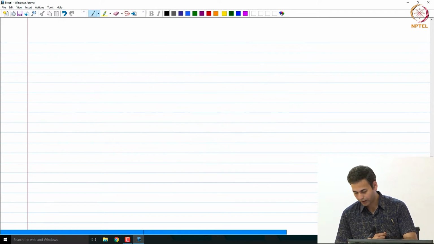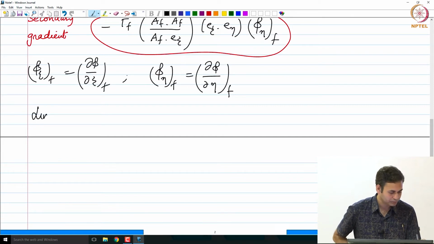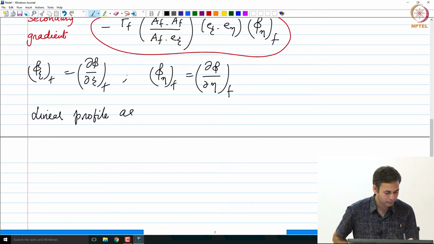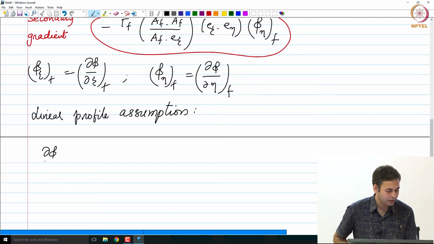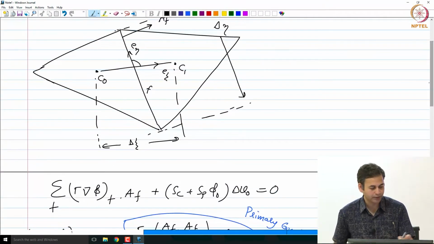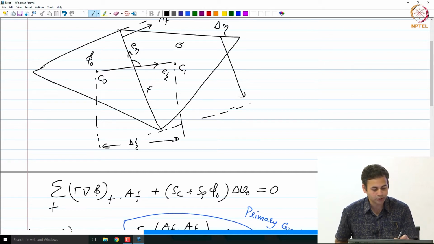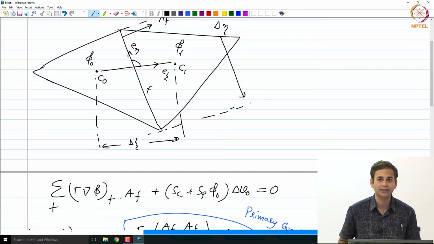Making a linear profile assumption, how do I write partial phi partial xi on the face f? We are talking about this face f. We know phi 0 and phi 1 because these are stored at the cell centroids.